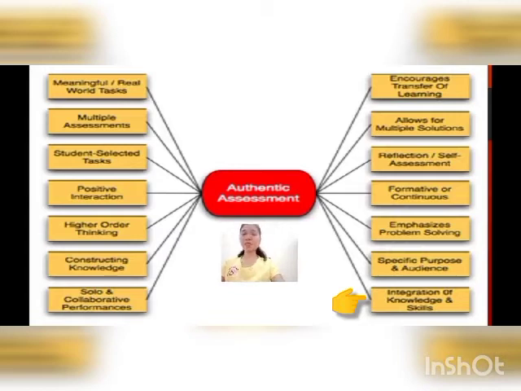Authentic assessment is the idea of using creative learning experiences to test students' skills and knowledge in realistic situations. It provides usable diagnostic information about student skills and knowledge.